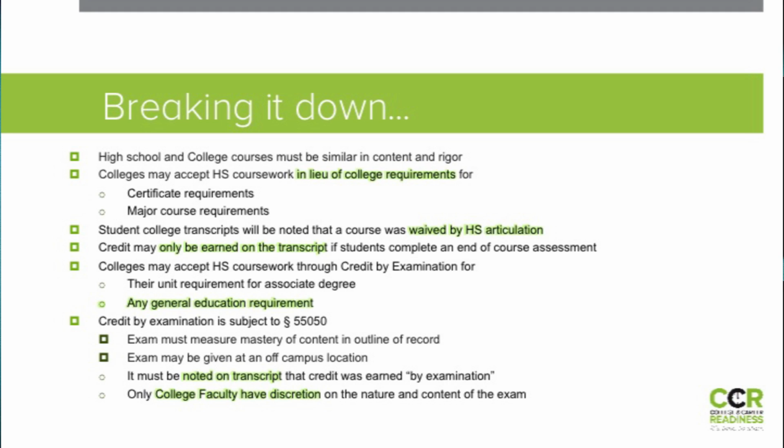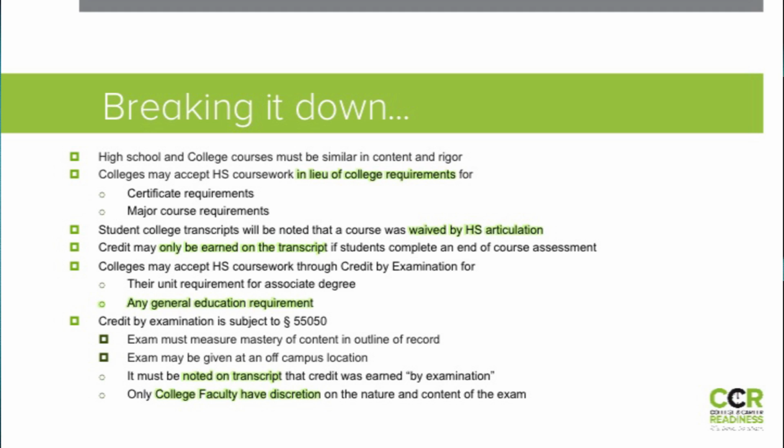They would weld two metal coupons together, and he would determine if that weld exhibited mastery of that course outline. So there are tons of ways you can earn college credit on your transcript through articulation and an end-of-course assessment. But again, that is up to the college faculty.